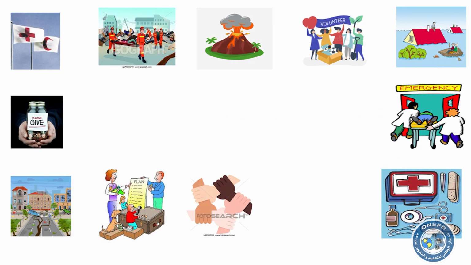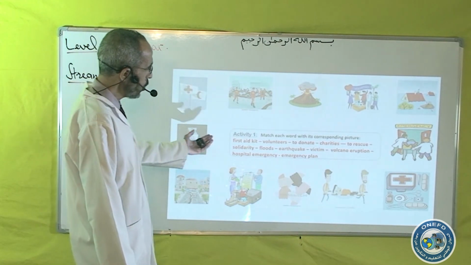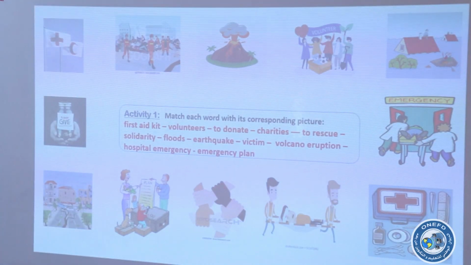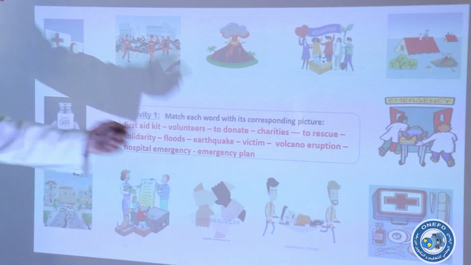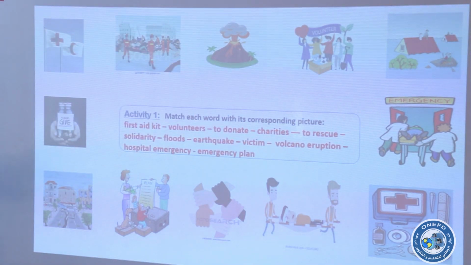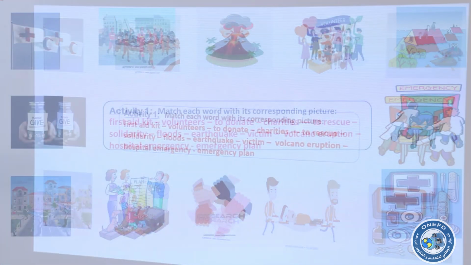Look at these pictures and look at these words. Match each word from this list here with its corresponding picture. 12 words and 12 pictures. 2 minutes to do this.